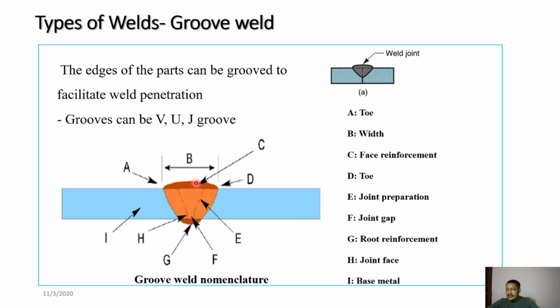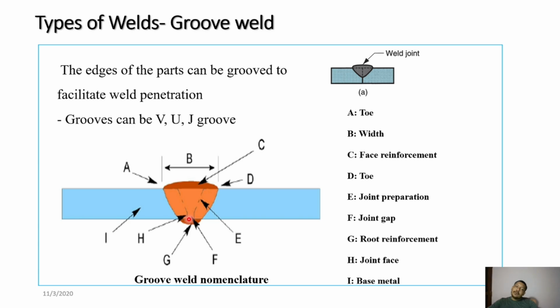Joint preparation I already told you. F is the joint gap. You can see there is a gap between both the plates, that is called the joint gap, or this part of the weld is called the root. Normally that gap is called the root gap.